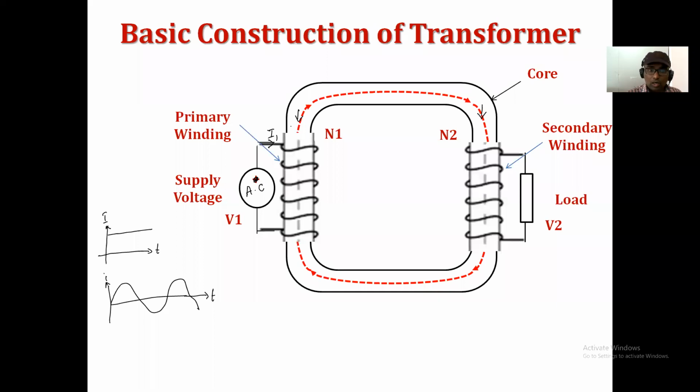This is the alternating magnetic flux, and it can be represented by phi equals phi m sine omega t.